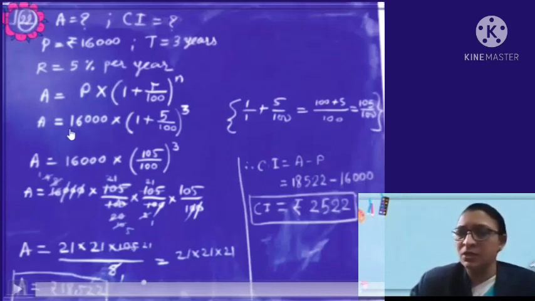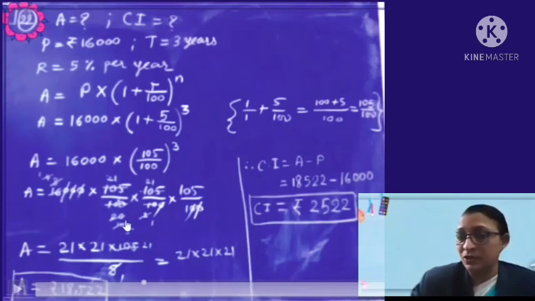By substituting the values, 16,000 multiplied by 1 plus 5 upon 100 to the power 3. Amount is equal to 16,000 multiplied by 105 upon 100 to the power 3, that is 105 upon 100 multiplied by 105 upon 100 multiplied by 105 upon 100. This is the value of the bracket 105 upon 100, which we substituted here.